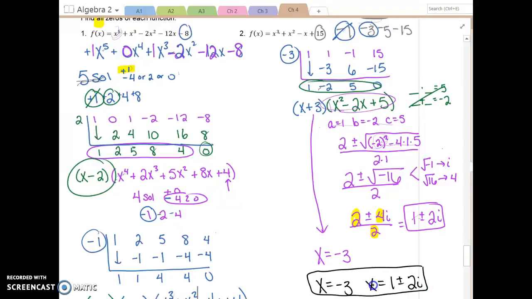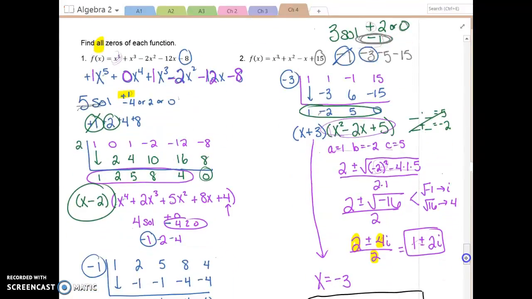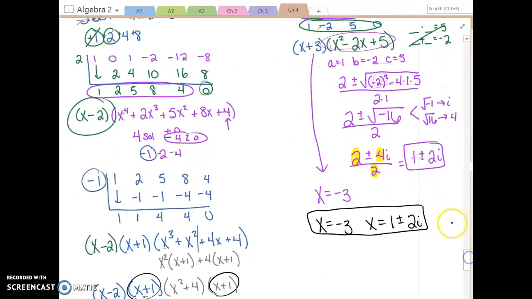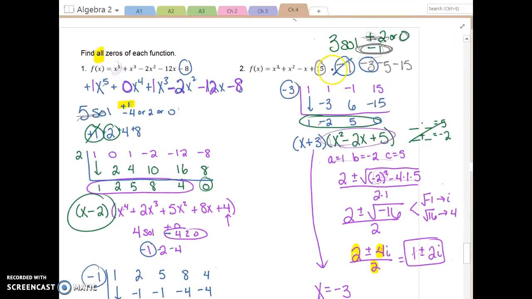If we go back to Descartes' rule of signs, this problem told us that we could have 2 real positive solutions or 0 real positive solutions. And that is true here. We ended up having no positive solutions. If we would have checked positive 1, positive 3, positive 5, positive 15, we would not have found our solution.